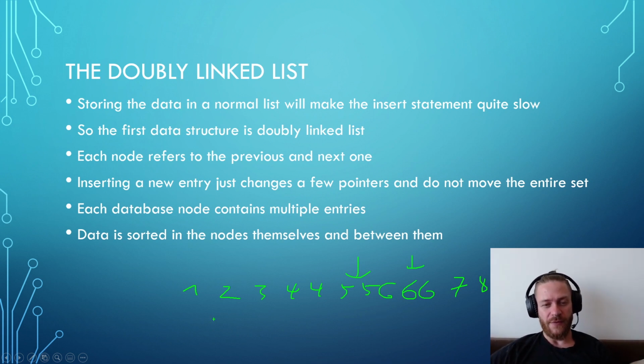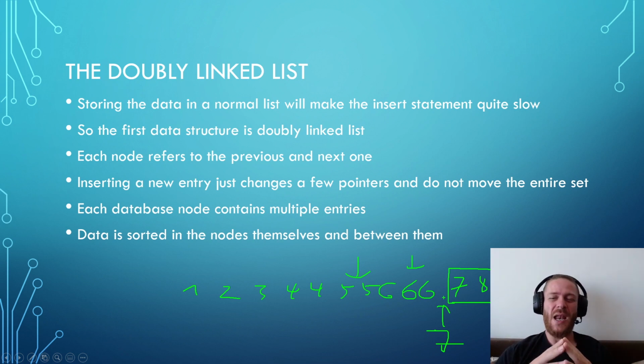And if we use a normal sorted list, every time we need to insert a new value, for example, we need to add the value 7 in the sorted list, we will have a problem because the value 7 needs to be inserted here. And when we insert the 7, we need to reorder all the entries after this insertion. If we have millions of records, that will be a very slow operation.